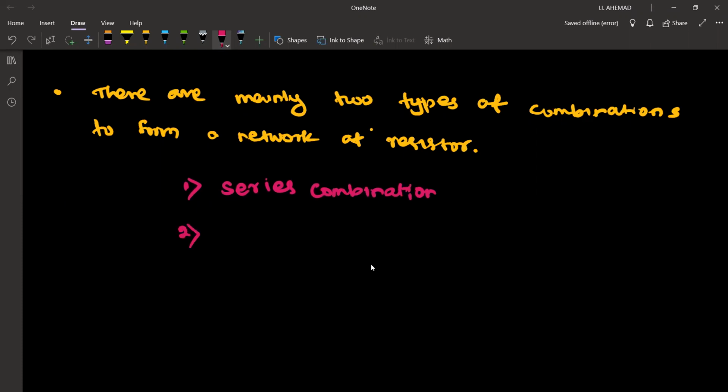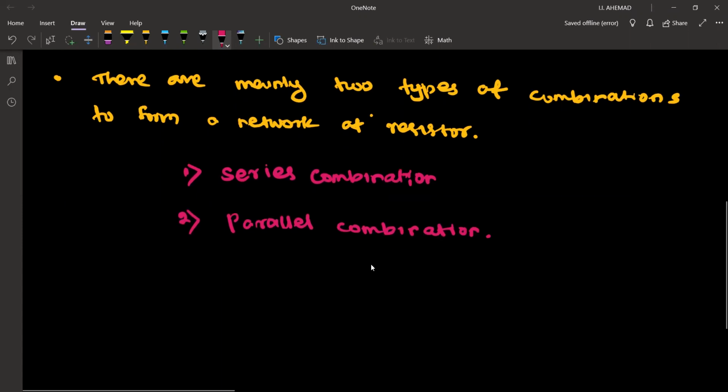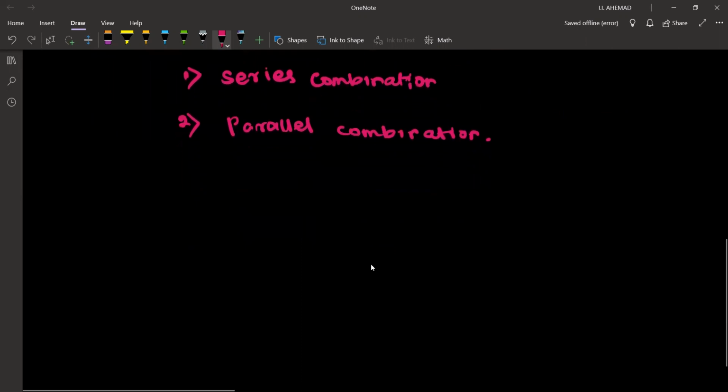Second, parallel combination. So let us look at what is series combination.